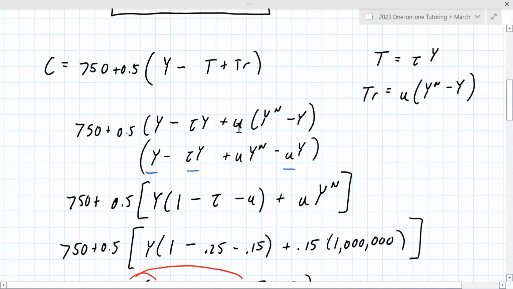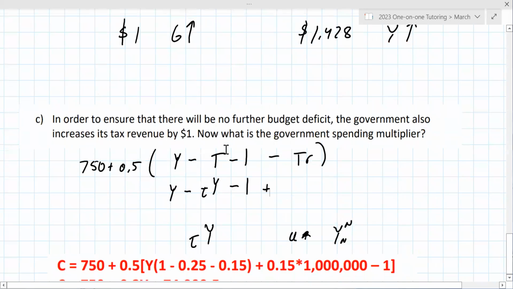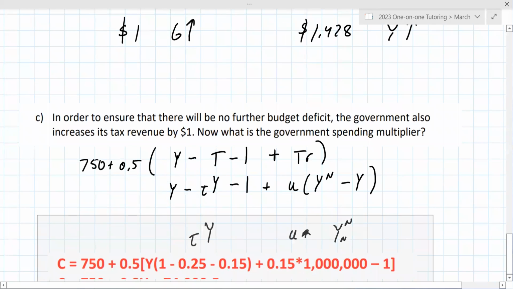Oh, yeah. Okay, so this should be plus TR. And then the transfer was mu times yn minus y. So actually we can get rid of all this down here.